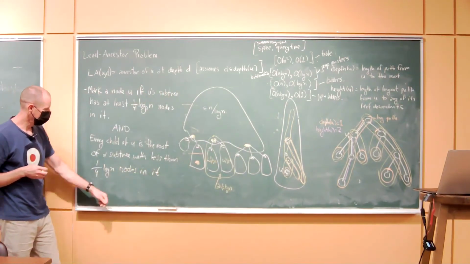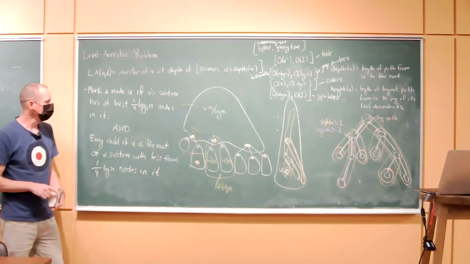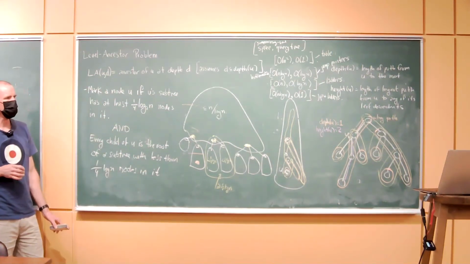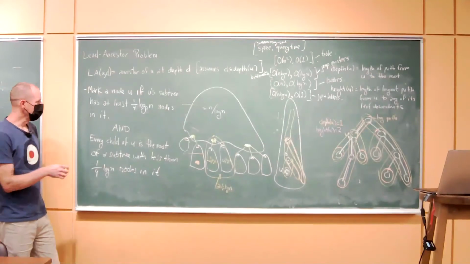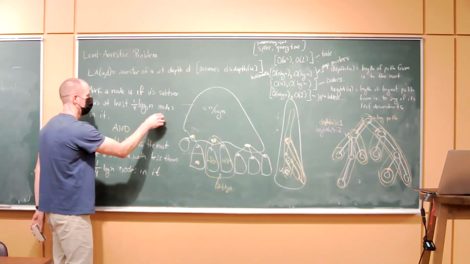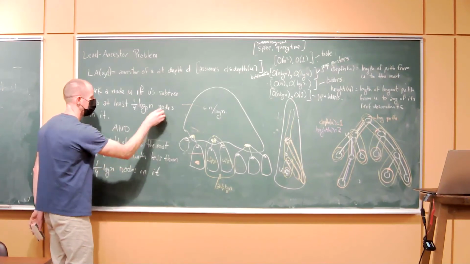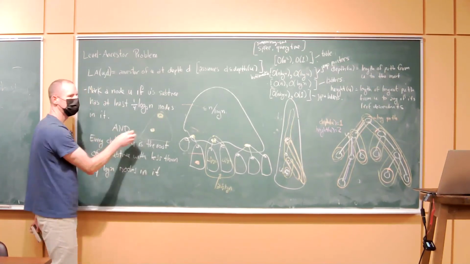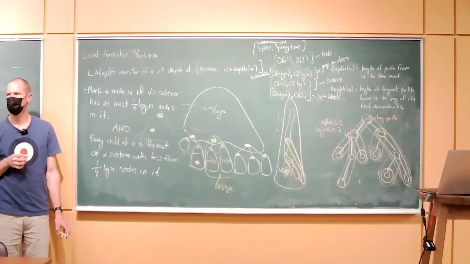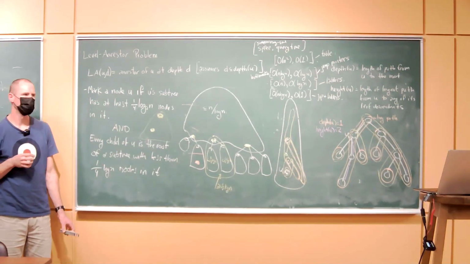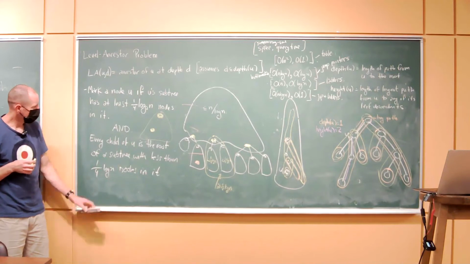Well, what can you tell me about that set of nodes that have this property? Is there ever one of those nodes that's marked and you look in its subtree and you see another marked node? No, that can't happen. Why can't it happen?